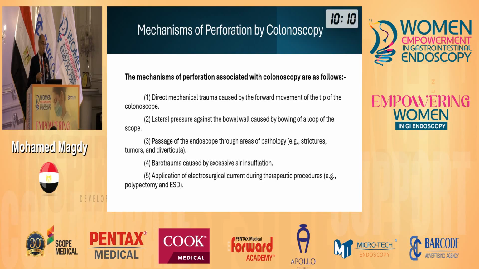Also, if we have a loop inside the colon and the endoscopist continues pushing despite the resistance, it could cause what's called lateral pressure against the bowel loop, which also causes perforation. When we do endoscopy with another pathology like stricture or diverticulum, if we go with the tip of the scope through the diverticulum, we can cause a perforation.